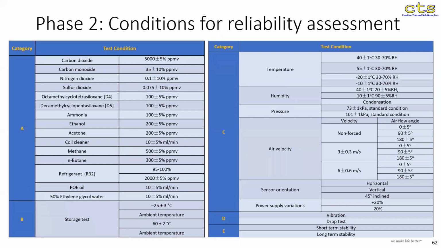Then under operating conditions, there are some tests, again, with temperature and humidity, but also condensation tests, so we have liquid water on the sensor. Pressure testing to simulate high altitude. I'll show the facility in a second. Then some tests with different air velocities from different attack angles and so forth, and some of these other tests. Next, please.